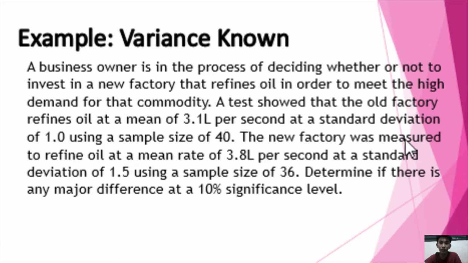The new factory was measured to refine oil at a mean rate of 3.8 liters per second at a standard deviation of 1.5 using a sample size of 36. Determine if there is any major difference at a 10% significance level.